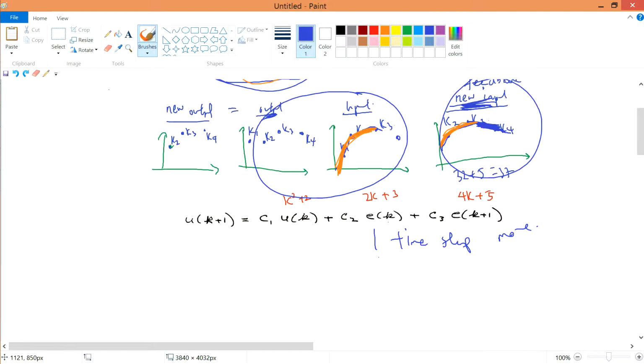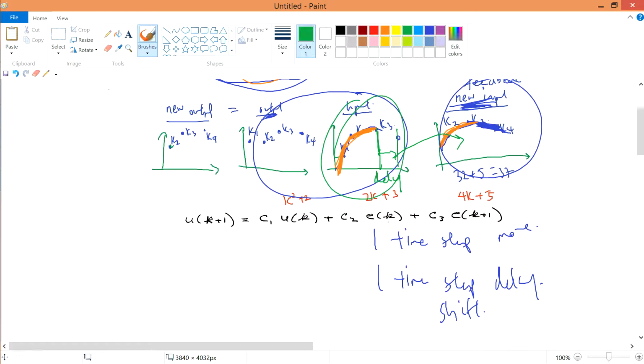This one time step more, we can also call a one time step delay, or one time shift delay, because it is delayed by one time shift. Take back my words: the old input should be the one delayed compared to here. So the old input is the one time shift delay that applies into here.